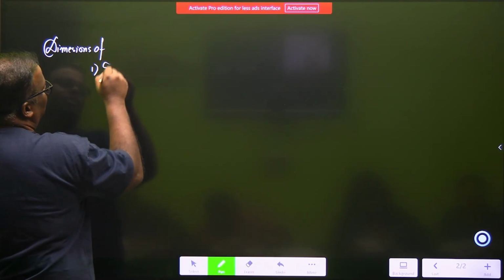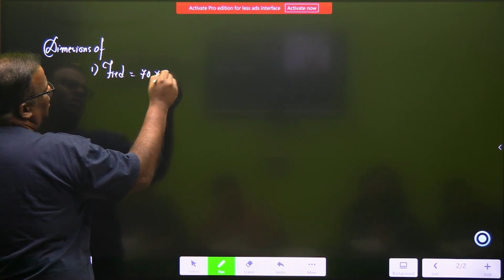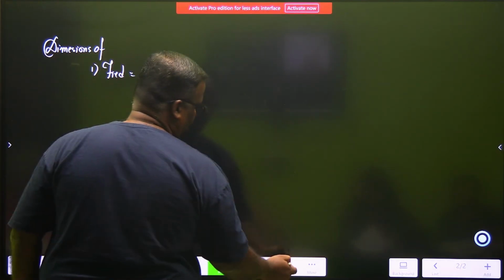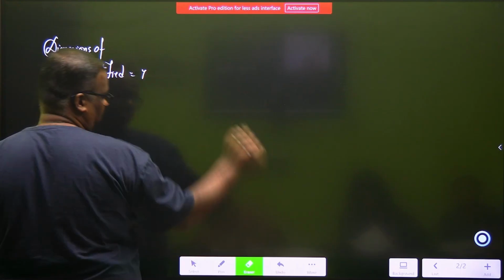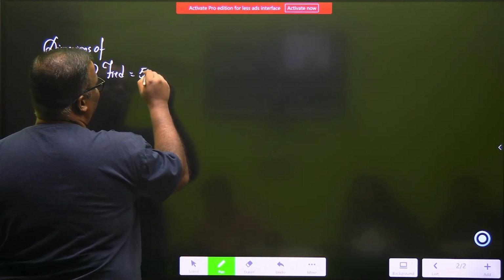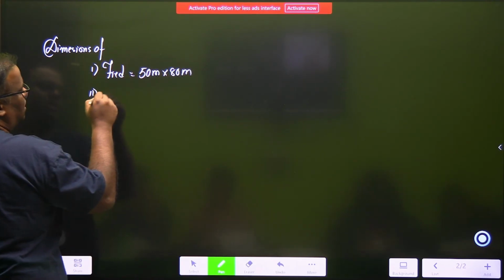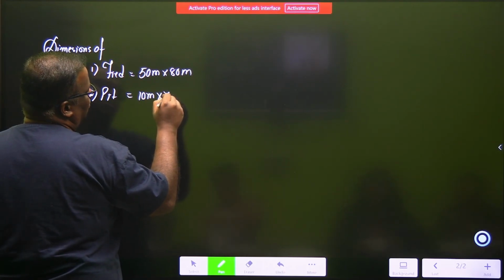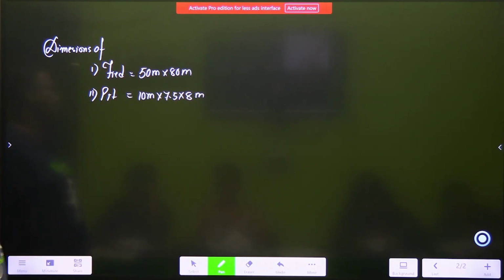What is the field dimension? 50 into 80. Okay, so field dimensions is 50 meters into 80 meters. Now, number 2, the pit. The pit was 10 meters into 7.5 into 8. Right? This is the dimension.